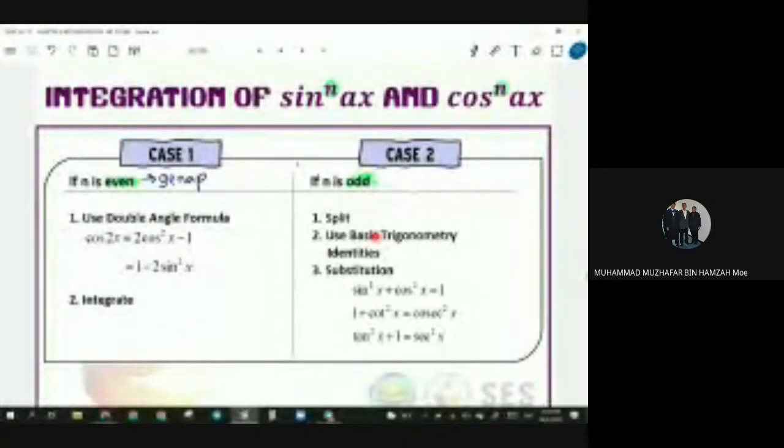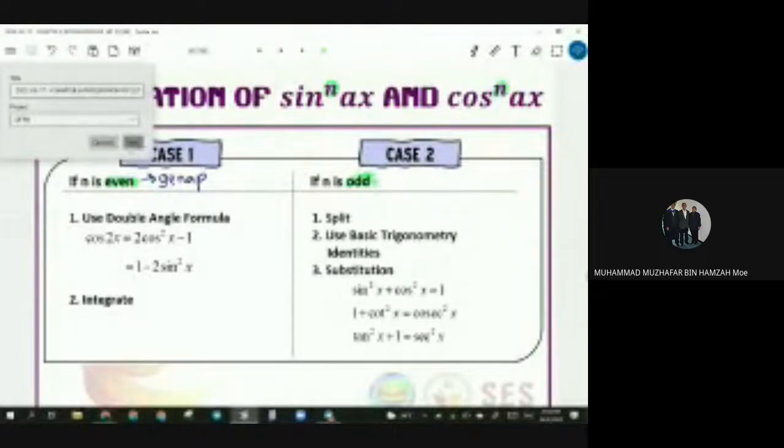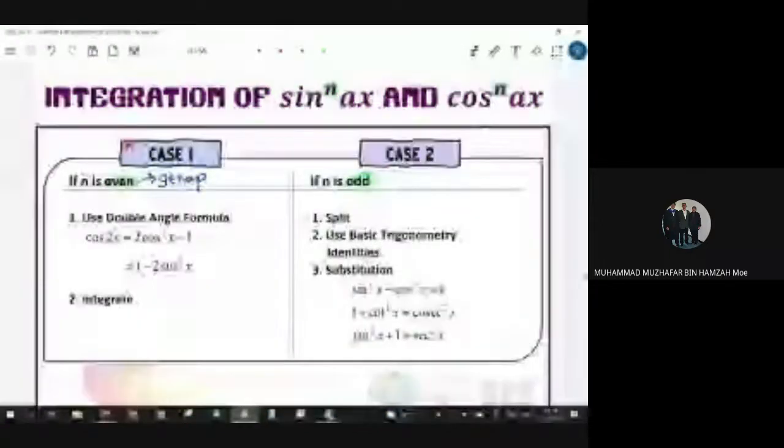Boleh? So saya tak nak sambung sekarang sebab dia panjang lagi. Kita akan continue dalam kita punya next class. Okay, so at least untuk hari ini you already learn how to integrate sin, cos dan juga secant square saja.